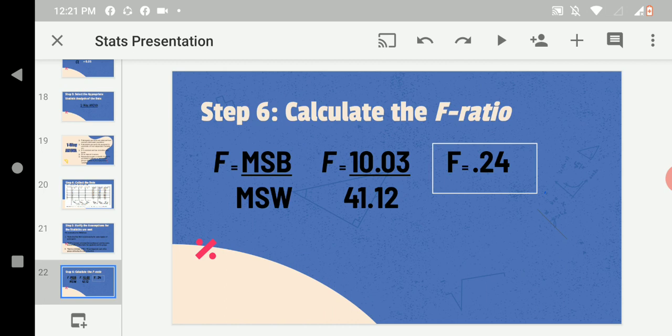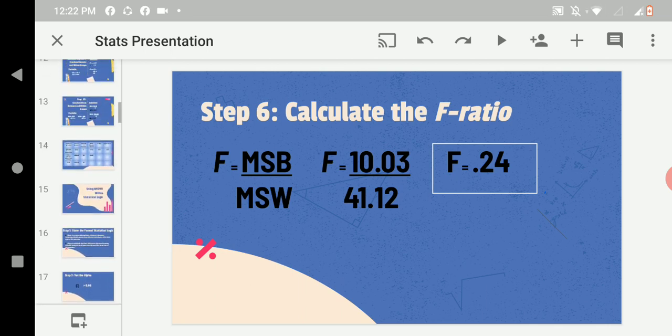F is equal to MSB over MSW, the mean squares between groups over the mean squares within groups. We calculated those a while ago, so we just have to substitute them. F is equal to 10.03 over 41.12, and that's equal to 0.24.